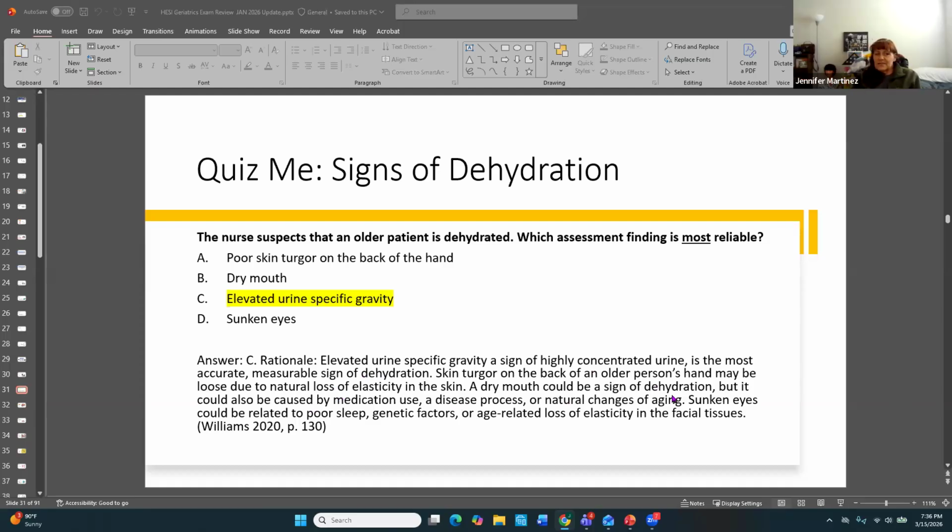Dry mouth can be a sign of dehydration, but could also be caused by medication use, disease, or natural changes of aging. Sunken eyes could also be related to poor sleep, genetics, or age-related loss of elasticity in the facial tissues. So again, always look for those key words like most, the best, that kind of thing.